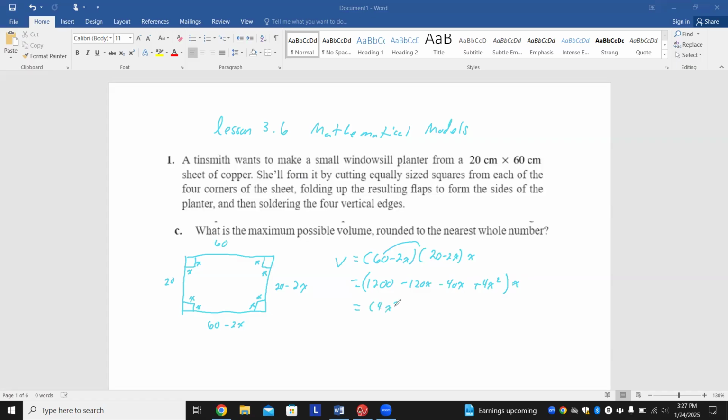So this is going to be 4x squared and combine like terms at the same time. So that's 160x plus 1200, times x.